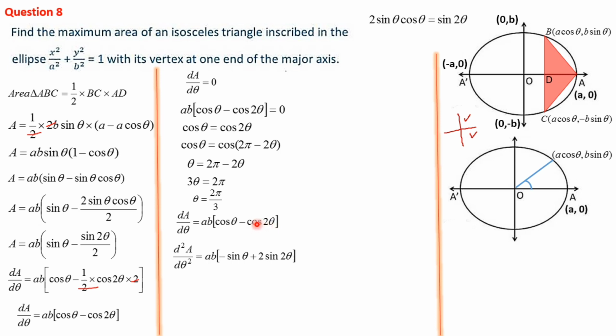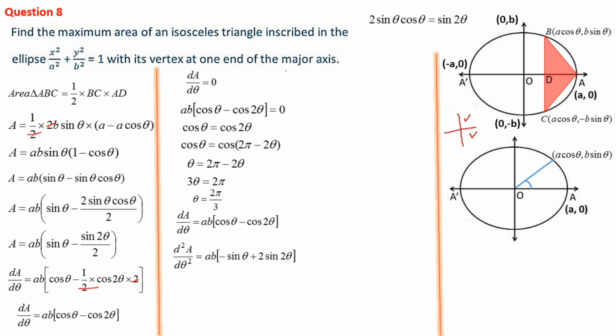Here there is a minus, and the cos 2 theta derivative is minus sin 2 theta, so the two minuses together become plus. Then sin 2 theta is written, and the derivative of 2 theta, which is 2, also has to be taken. So plus 2 sin 2 theta will be coming.